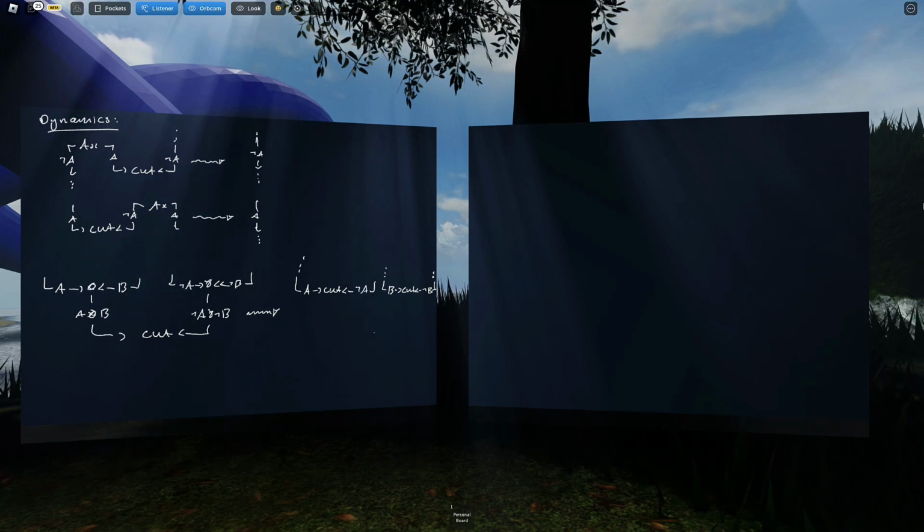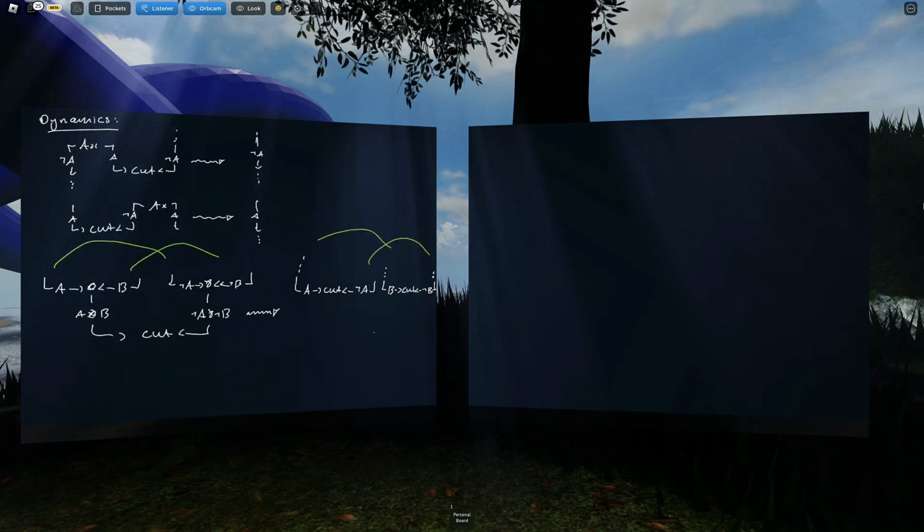This doesn't necessarily end you with a disconnected graph. So the point is there might be some connections up here that are preserved down here. Okay.